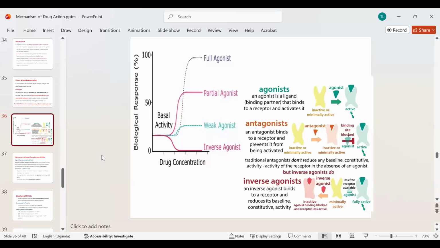Let's stop here. We rest for 15 minutes. So we shall be coming back at exactly 11:30. And then we shall continue and probably finish our presentation by maybe 1.